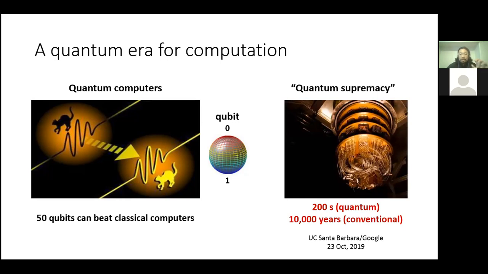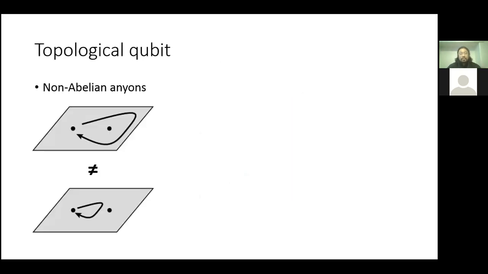There are also other proposals, because we know Google used superconductivity as the quantum computer. Other proposals are based on the topological qubit, because they are topologically protected, which means they are immune from environmental perturbations. For example, they use non-abelian anyons to make this topological qubit.